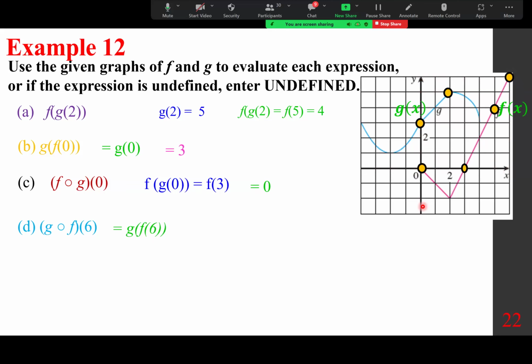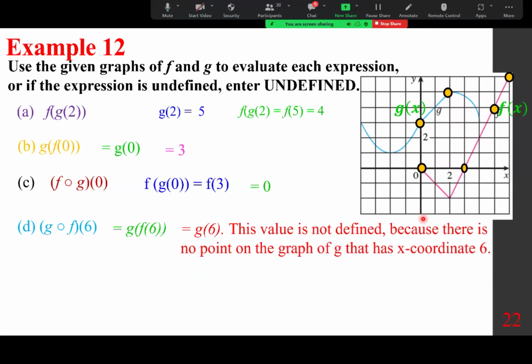So you can put the numbers along the x. G of 6. And this value is not defined because when you look at the blue one, it stops here. So after this number, when x gets larger, we don't have anything about the function. This value is not defined because there's no point on the graph of g that has x coordinate 6.